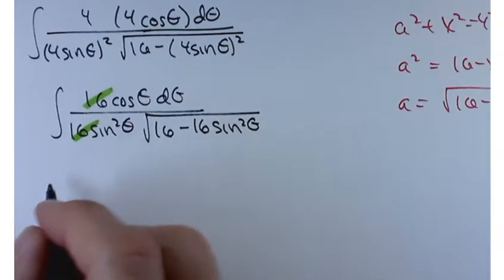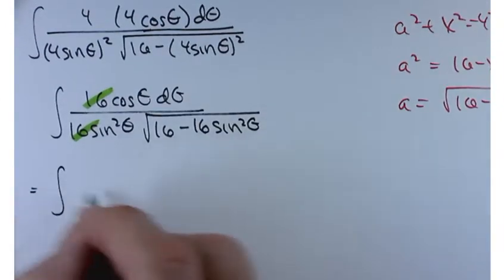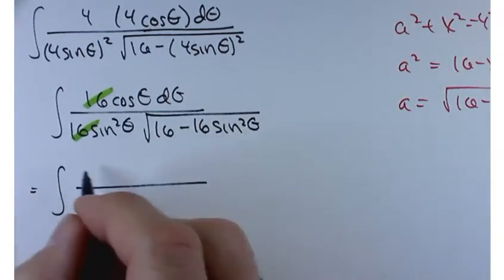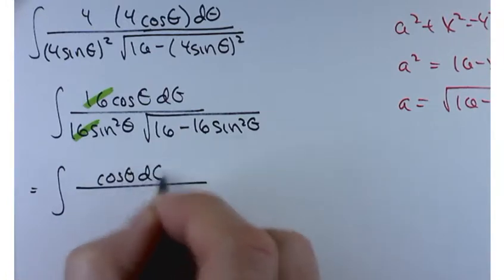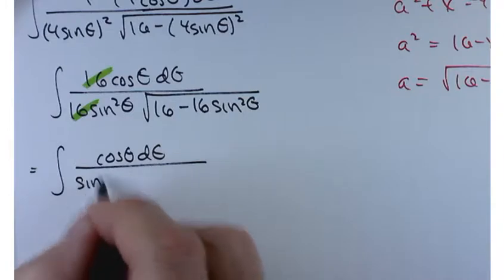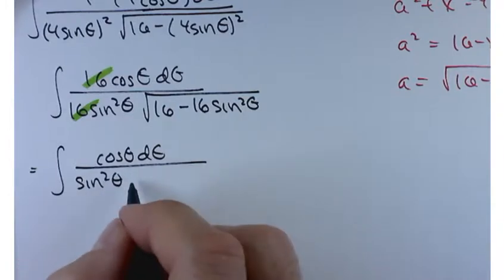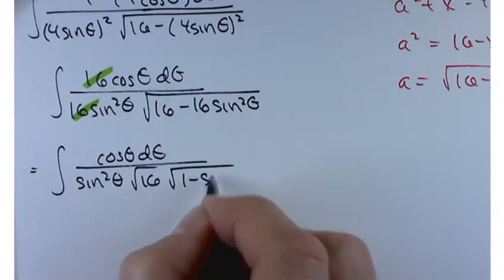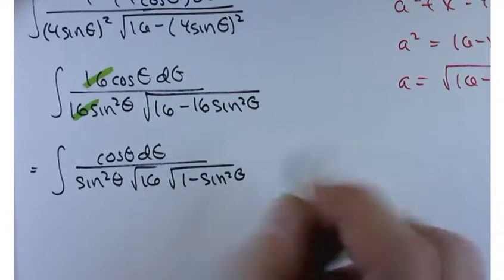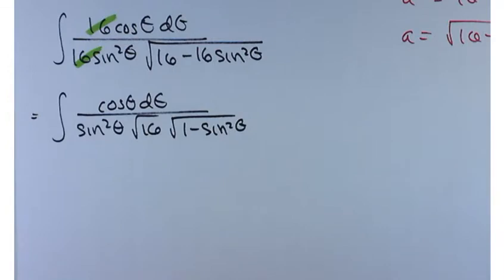What else can I do? Yep. So this is going to be cosine of theta d theta times sine squared of theta times the square root of 16 times the square root of 1 minus sine squared of theta. This is cosine squared.